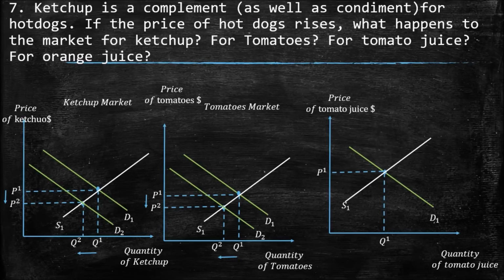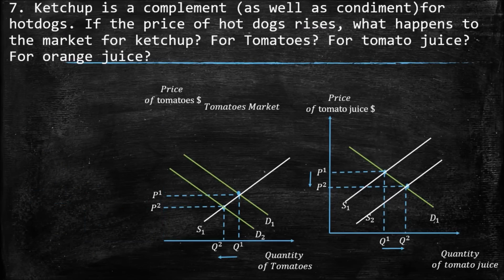In this case the supply can increase, so it's going to shift to the right. The price of tomato juice is going to decrease and the quantities are going to increase. Okay, this is the change.